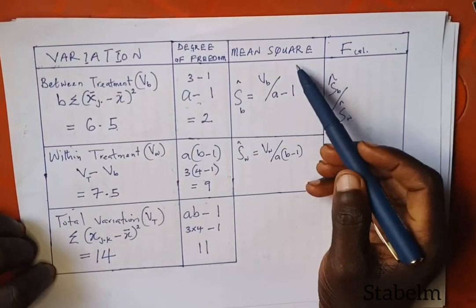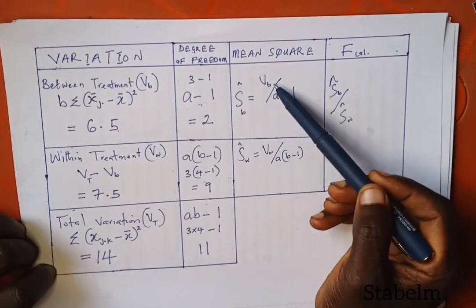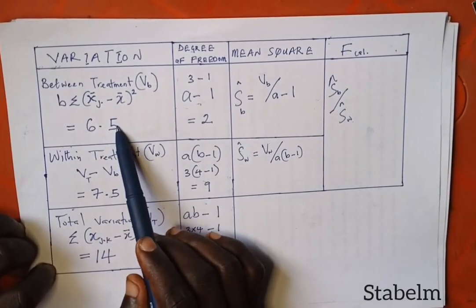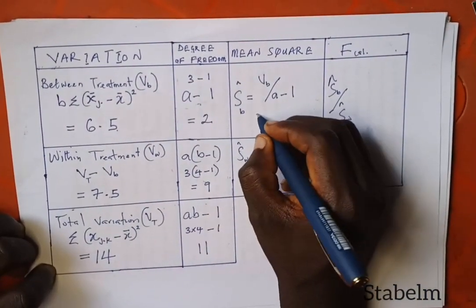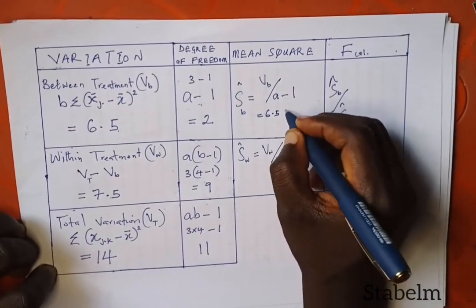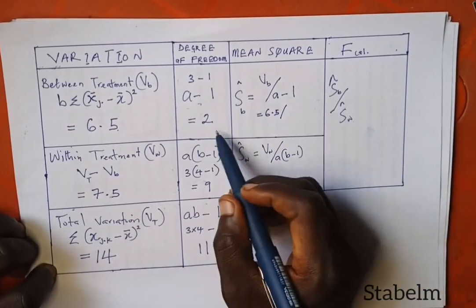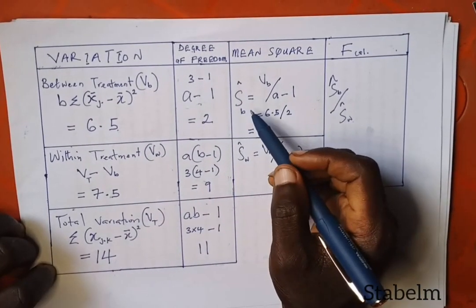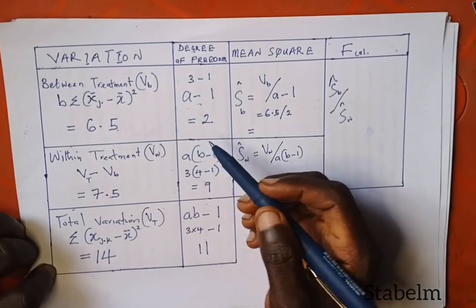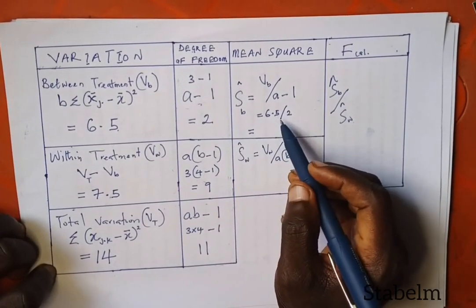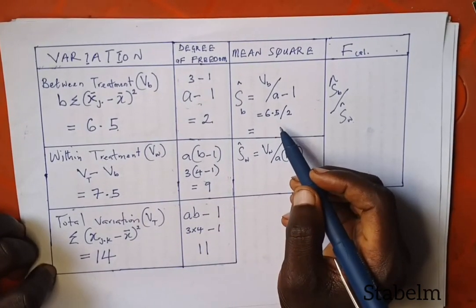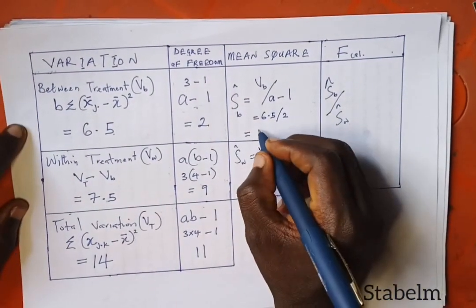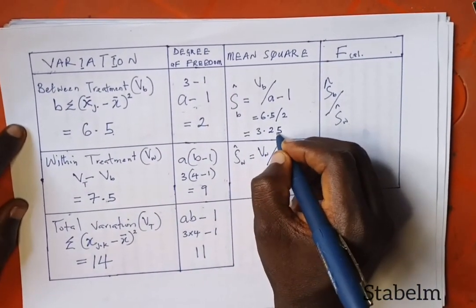Now, the mean square for variation between treatment, how do we get that? We have V subscript B here, which is 6.5. So we have 6.5 divided by A minus 1, and our A minus 1 is 2. If you divide 6.5 by 2, that is 3.25.